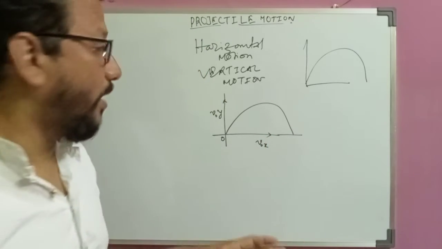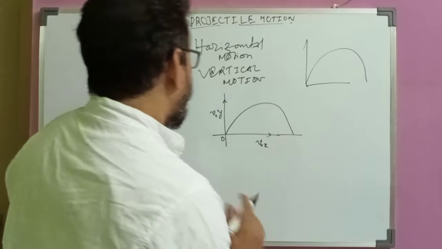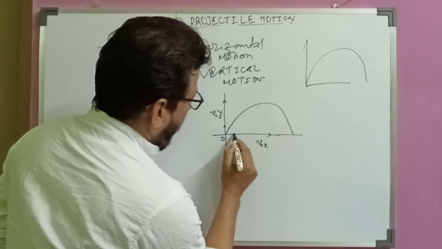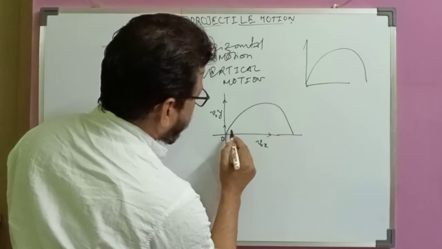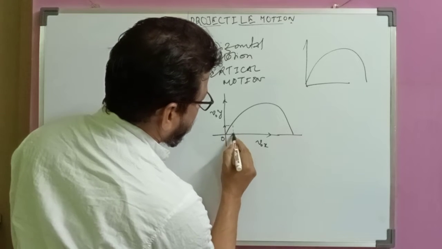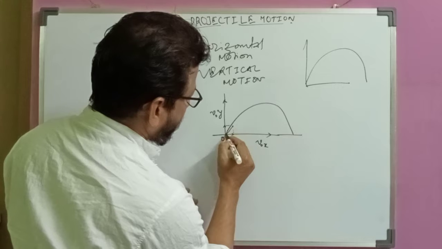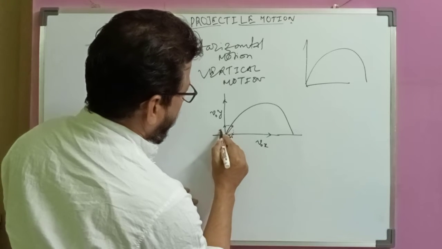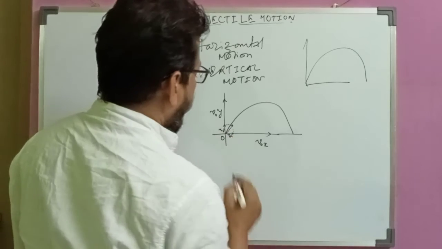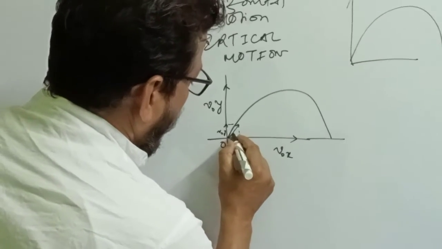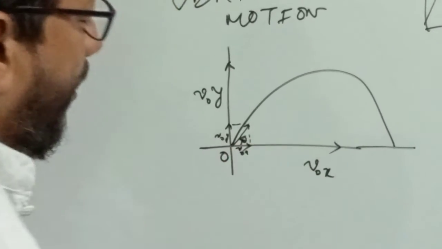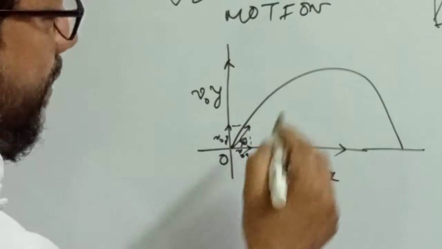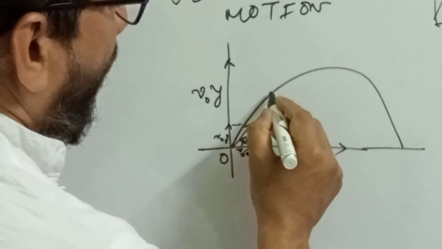These are the two parts we made. Here we have V naught x, V naught y, and this angle is theta. At this angle it goes up and, after a certain point, it will go here.